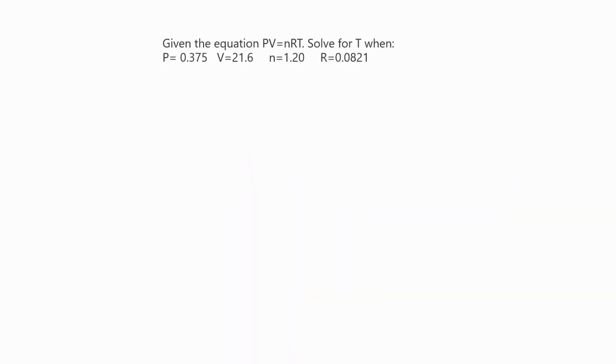All right. Another thing that we do, we'll give you an equation just like with the density and ask you to plug every one of these things in. So let's call our P 0.375 and then the V, right? So then it'll be multiplied by the V. So we're going to multiply that by 21.6.